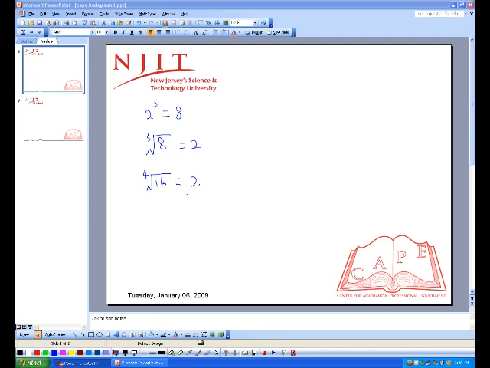And so higher power roots are different from just the square root because higher power roots can have negative roots. So for example, the cube root of negative 8 is equal to negative 2.